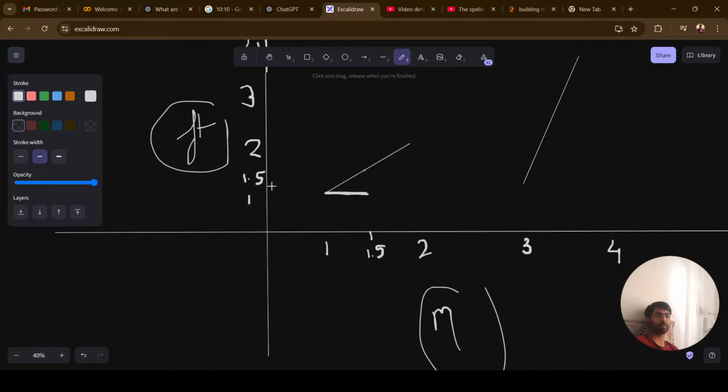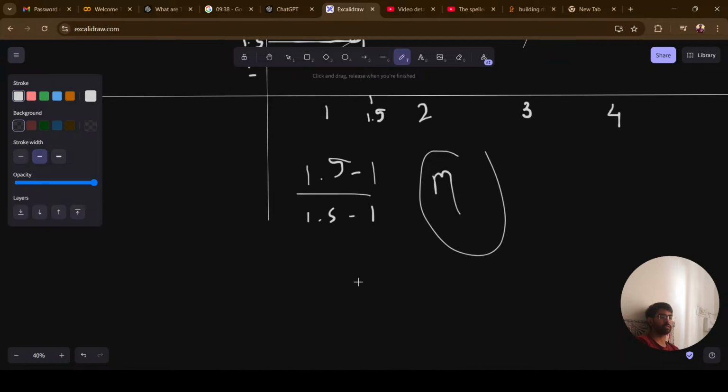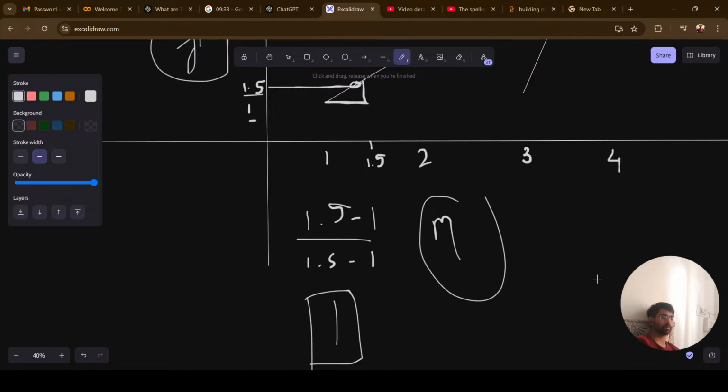This is happening because we have not differentiated these values by proper uniform values, right? So let's say you are getting here only 1.5. So the slope here will be 0.5 minus 1 upon 0.5 minus 1. That is 1, right? Slope is 1.